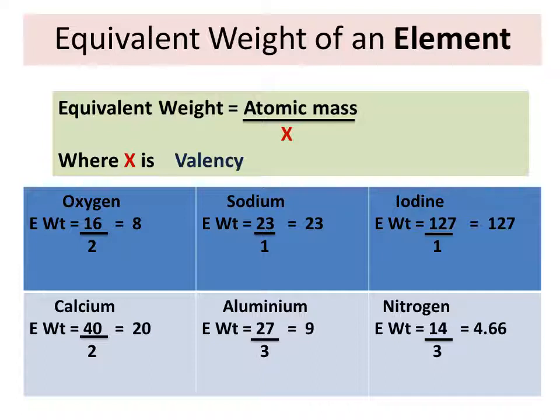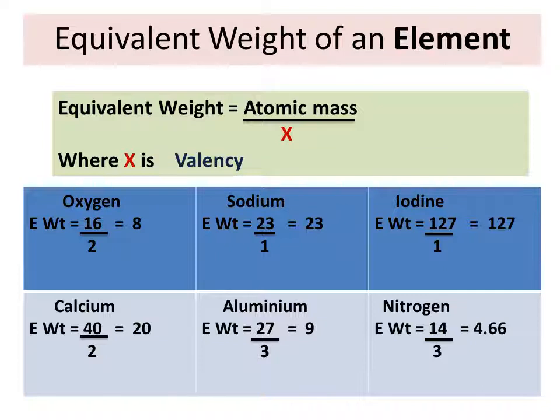So the equivalent weight of sodium is 23. Now in case of iodine, the mass of iodine is 127, valency of iodine is 1, so it is 127. Equivalent weight of iodine is 127.